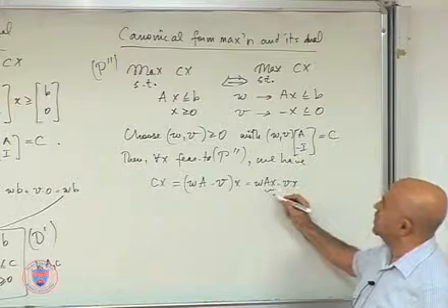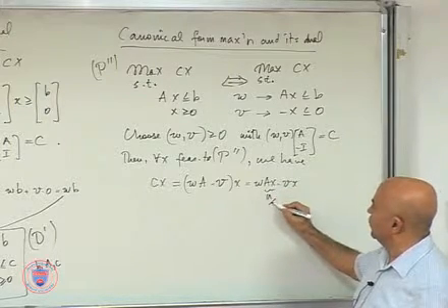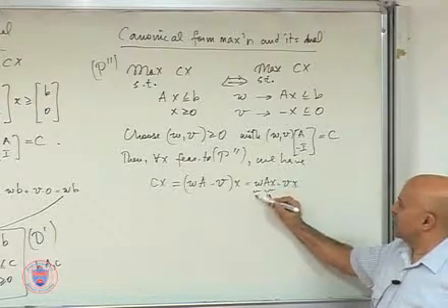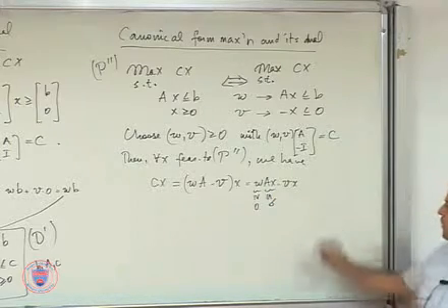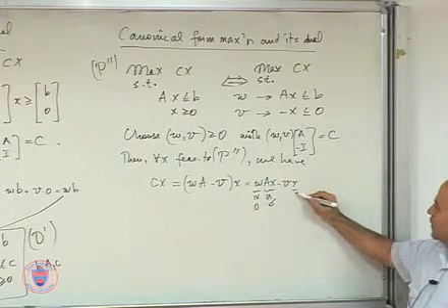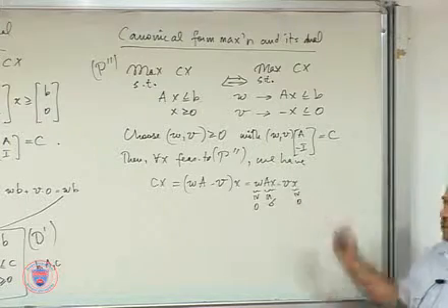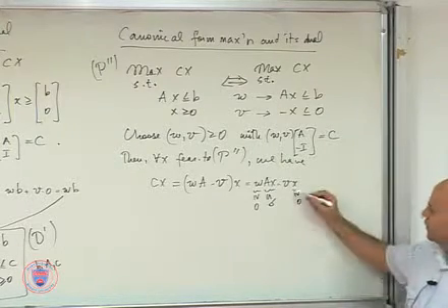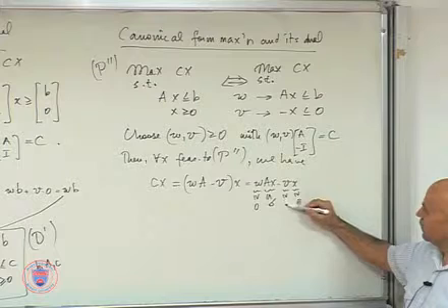Now AX is less than or equal to B here, W is non-negative. X is non-negative, or minus X is non-positive. And V is also non-negative.